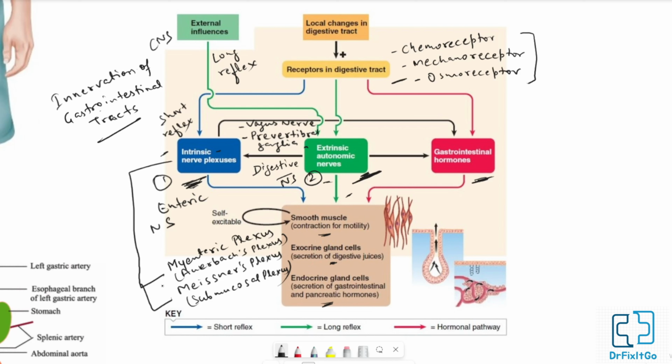The myenteric and Meissner plexus are interconnected with each other and are under the control of the sympathetic and parasympathetic components of the extrinsic nervous system.